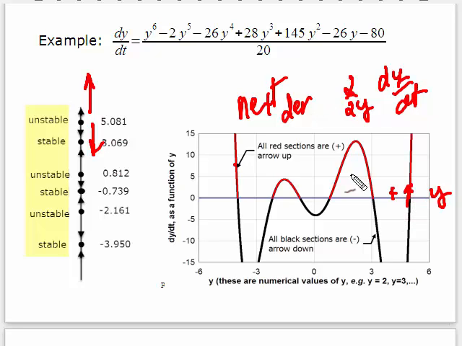So the slope is positive at an unstable node. Here's a stable one. In order to get from a plus to a minus, this slope, this derivative, has to be negative. So that's the basic idea. We'll look at this in a little more detail.